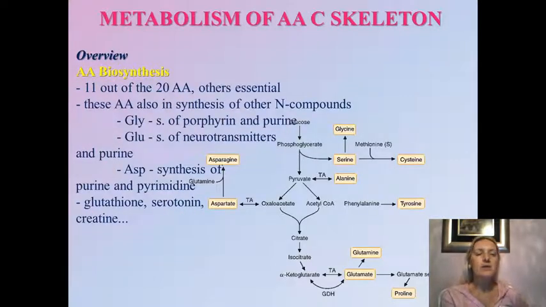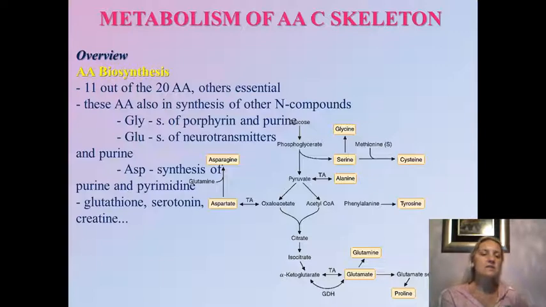So what about amino acid biosynthesis? 11 out of 20 amino acids can be synthesized in the human organism, and the other amino acids are considered to be essential, and they have to be taken in through diet. These amino acids can also be further involved in the biosynthesis of other nitrogen-containing compounds.